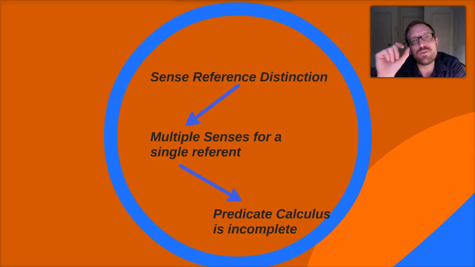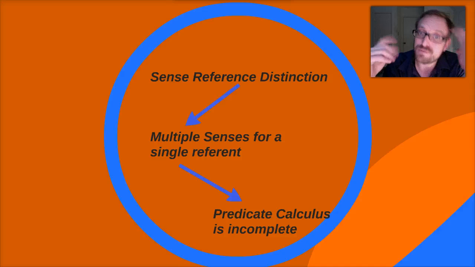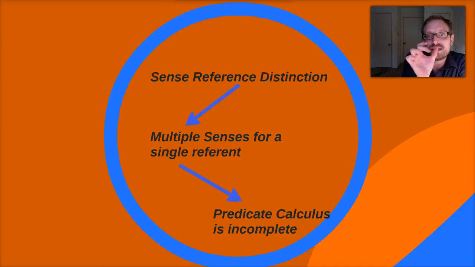So if you can have multiple senses for a single referent, that automatically creates problems for the predicate calculus. Because the predicate calculus is meant to articulate the ways in which we quantify and relate our concepts together.